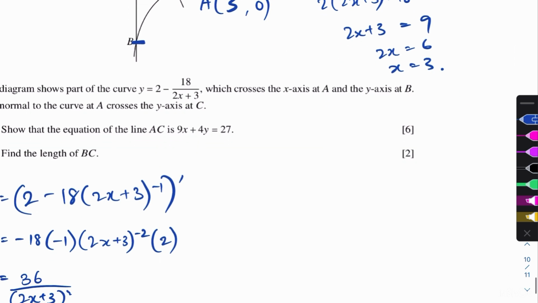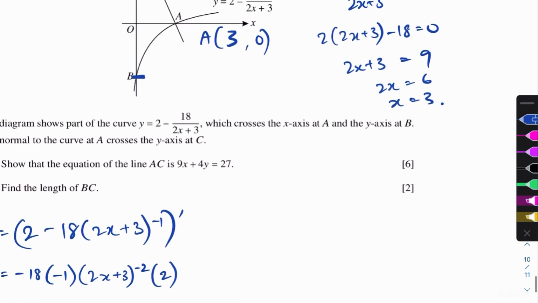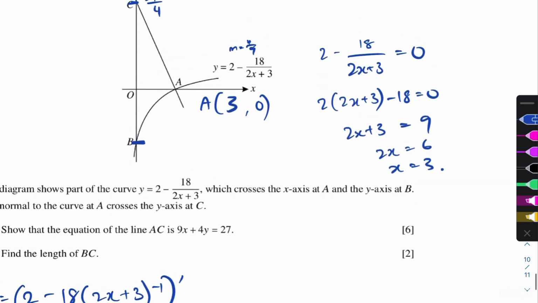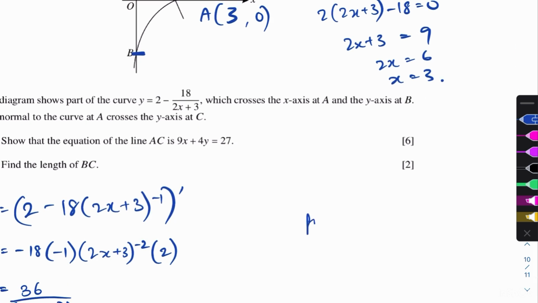And that should be easy enough because it's on the y-axis, which means that x equals 0. So let's just substitute x equals 0 into our main equation, finding the B coordinate.